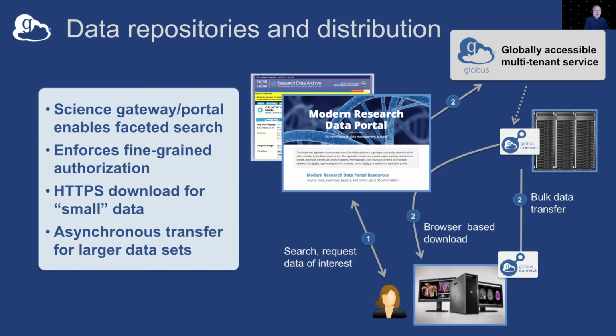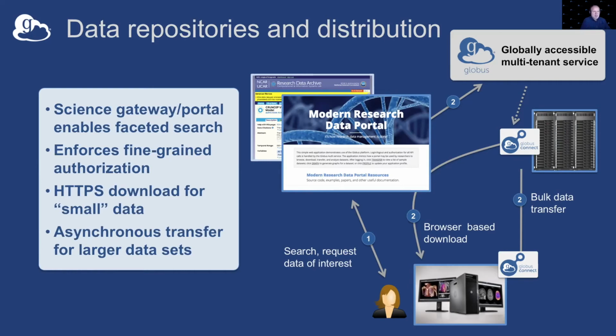So you want to typically distribute data with some access controls to specific users or groups of users, PIs or their labs or what have you. So we see this over and over, and people have built many science gateways and portals and other web apps that enable this kind of data distribution flow.